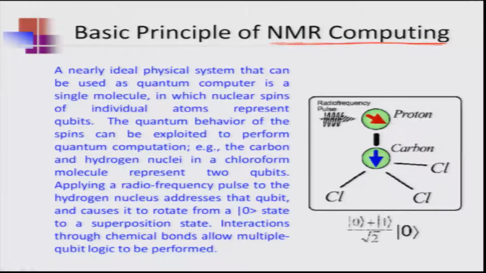The basic principle behind this lies in the fact that it is almost an ideal physical system that can be used as a quantum computer, since it actually explores a single molecule.